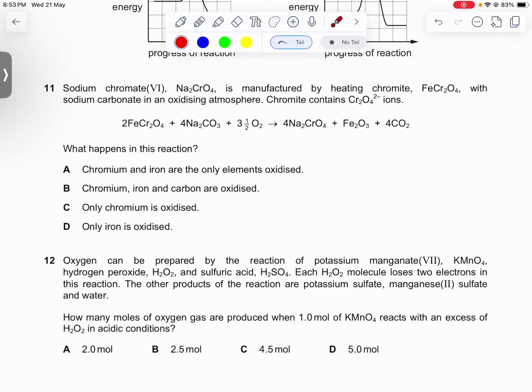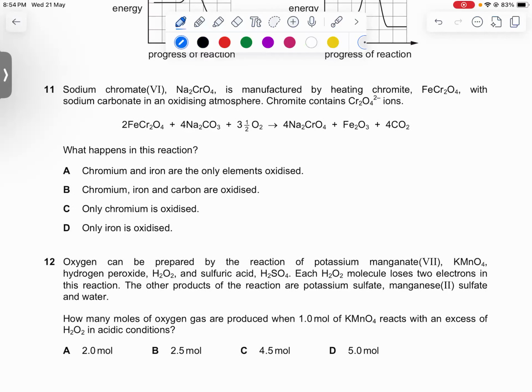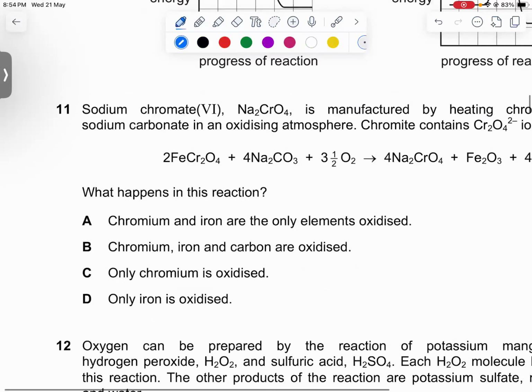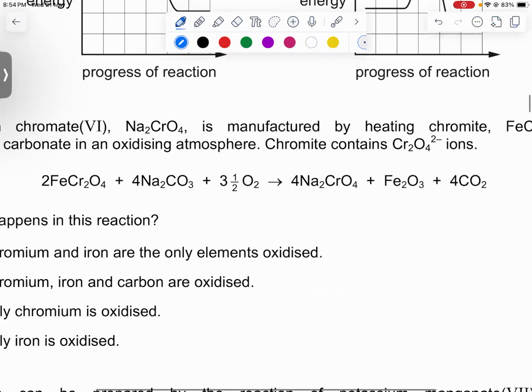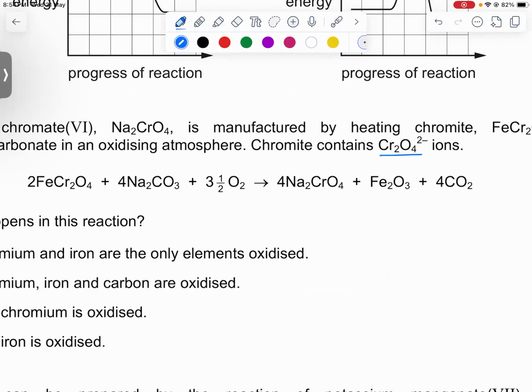So we have to go about and see which one is correct by finding their oxidation states. Let's look in the beginning, in the first bit. Chromite contains Cr2O4 2-, which means Fe over here is +2. And Cr over here, what would be Cr?